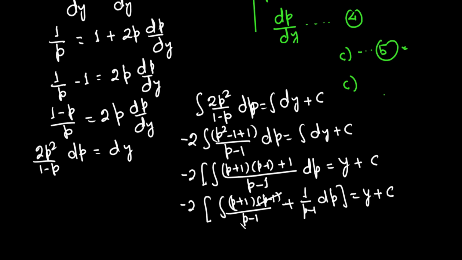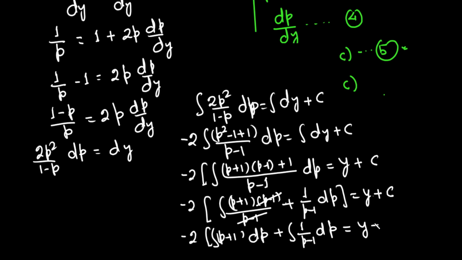The factor p minus 1 cancels out, and we have minus 2 times the integration of (p plus 1) with respect to p plus the integration of 1 over (p minus 1) dp, equals y plus c, right?